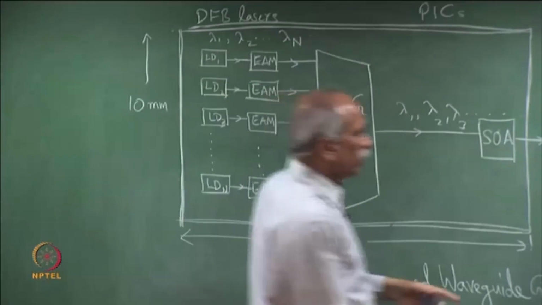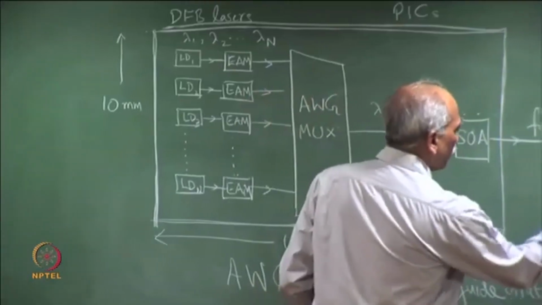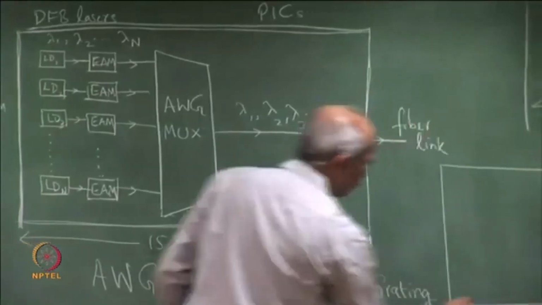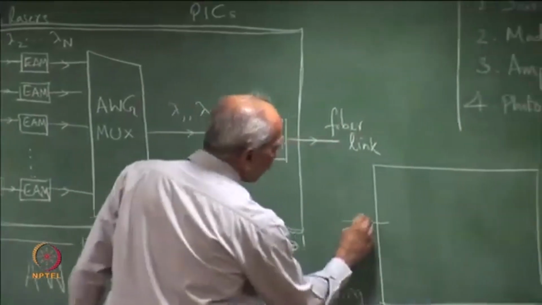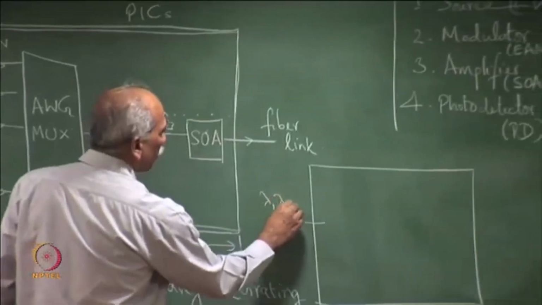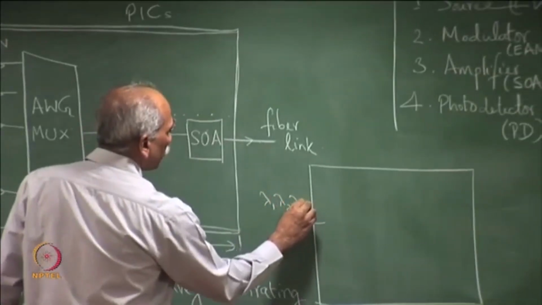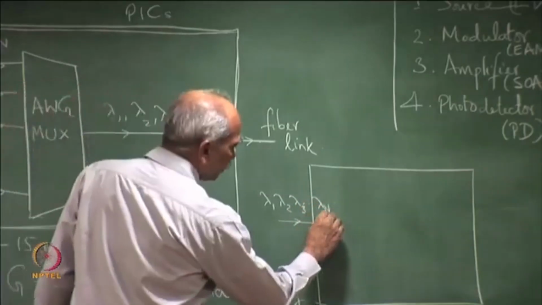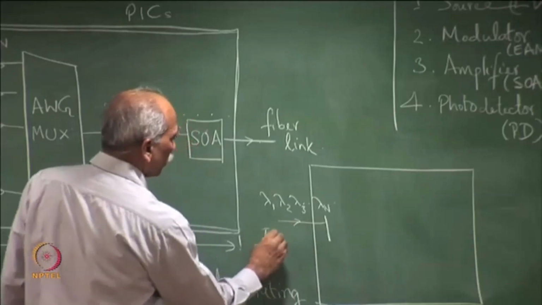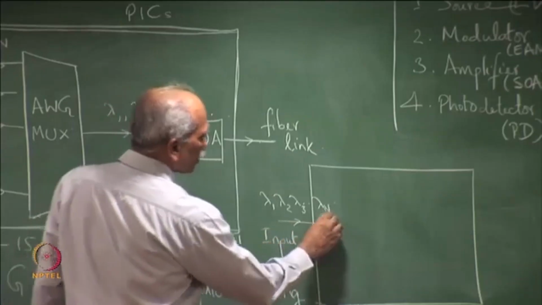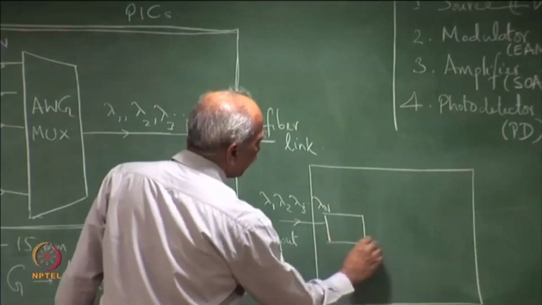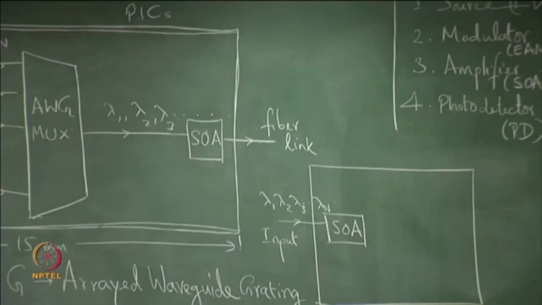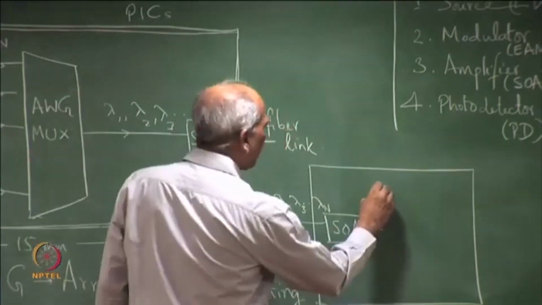The receiver could be, so let me draw the receiver as well very briefly. So, here is the receiver, the input with all the wavelengths lambda 1, lambda 2, lambda 3, lambda n enters the PIC here, the input. First, there is usually a preamplifier SOA, an SOA preamplifier, and then followed by the demux.